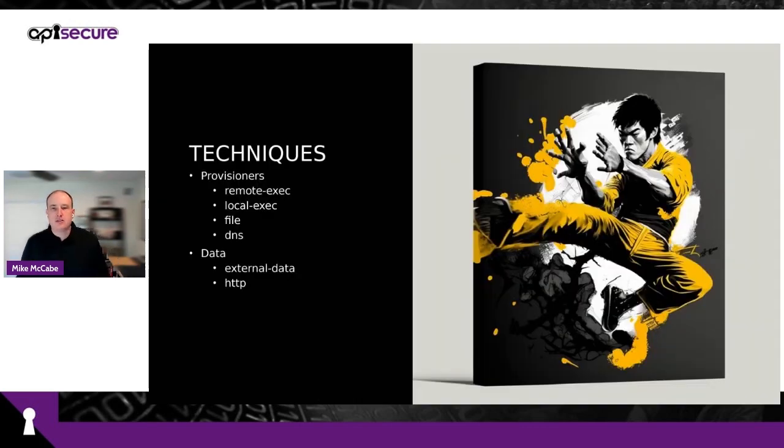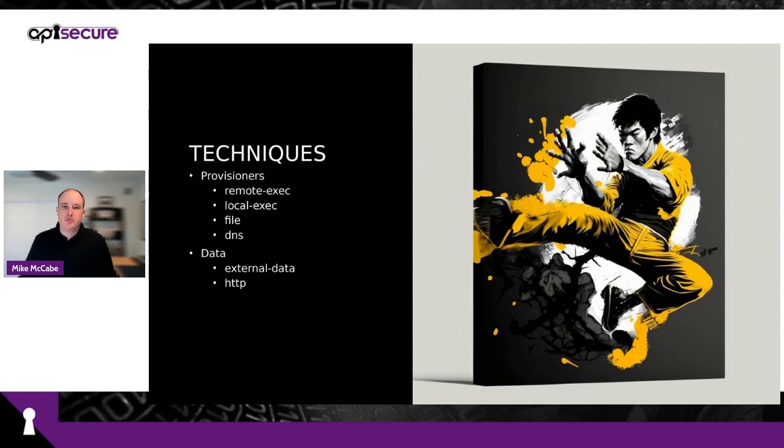So diving into some of the ways that you can abuse Terraform, we'll go over some of these techniques. This is just a handful of ways that we've discovered to do various kinds of remote code execution or data exfiltration or data gathering activities with Terraform.